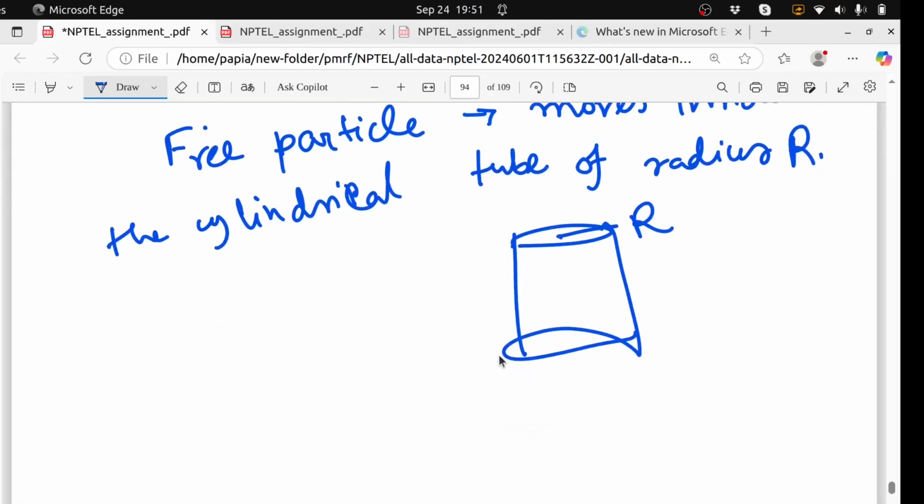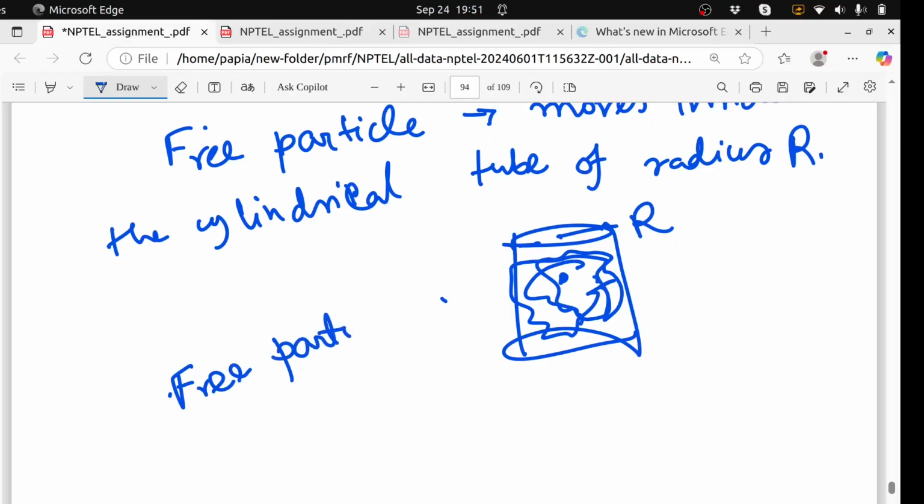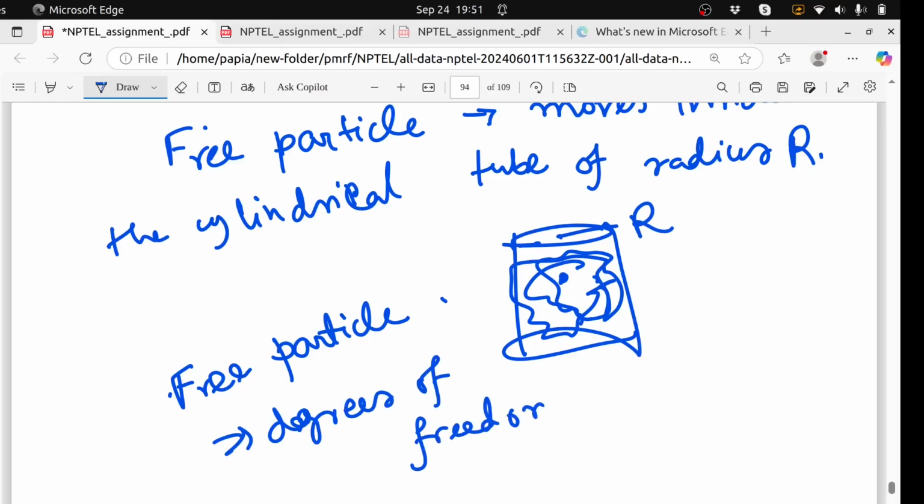So this is the cylindrical tube. Let's say I am talking about one particle which is moving inside of that. It can move anywhere, as this is a free particle. A free particle means the degrees of freedom will be simply 3. Okay?